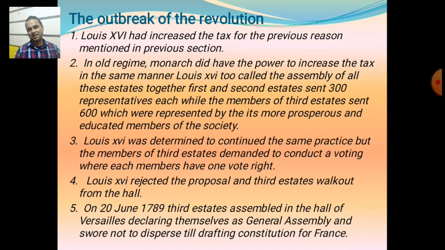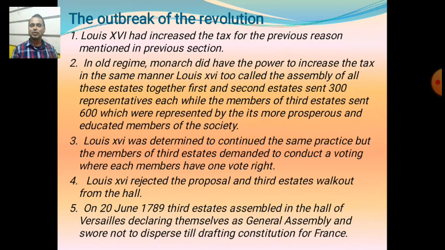It means they said that if Louis XVI wanted to increase the tax, there should be a vote, and in that vote each member of the assembly should have a voting right. This idea was rejected by Louis XVI, and when this demand of the third state was rejected, they walked out of the hall.